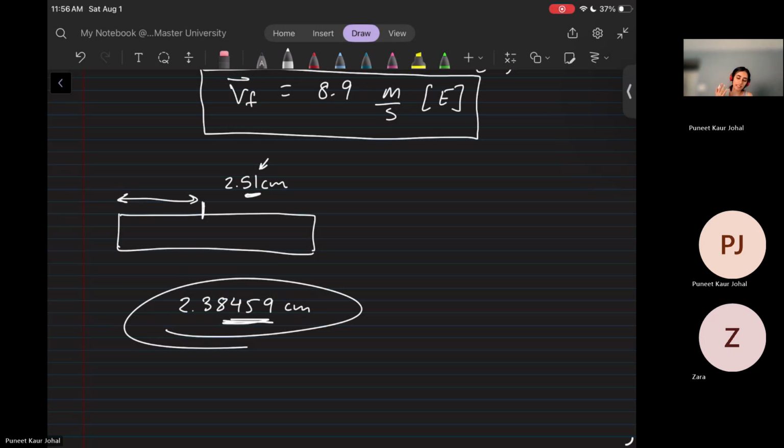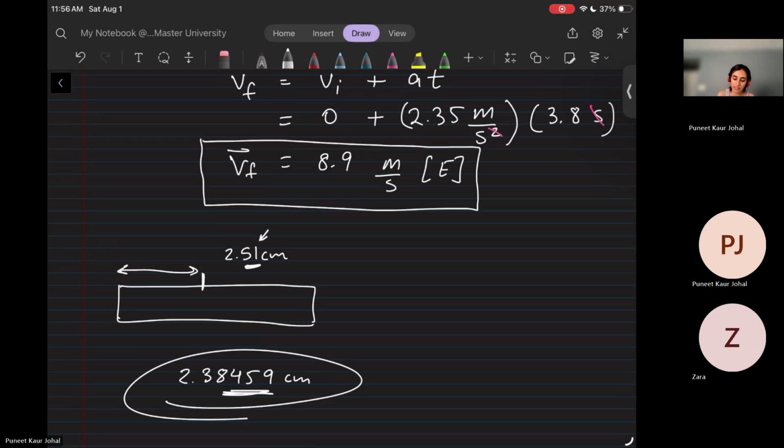So this is the idea that when I do the calculations, my answer could be a really long answer, like 8.9345. But how many of those digits are significant? Because physics is based on real life application questions. It's not really math where you can have infinite numbers and they're all significant.